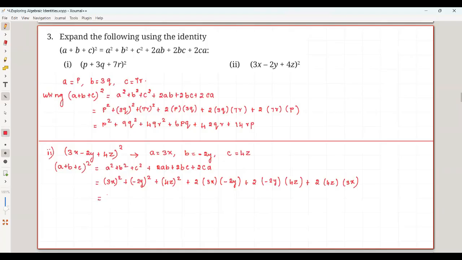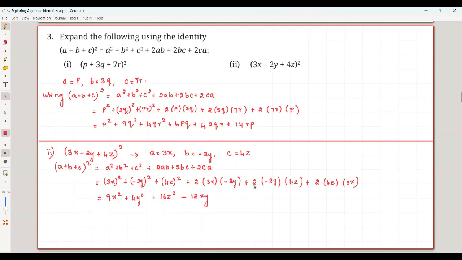Okay, so 3 square is 9x square. So minus 2 the whole square, minus 2 into minus 2, it will become plus. Okay, plus 4y square plus 4 square is 16 z square plus 2 3s are 6. 6 into minus 2 will be getting minus. Okay, minus 6 2s are 12, 12xy.